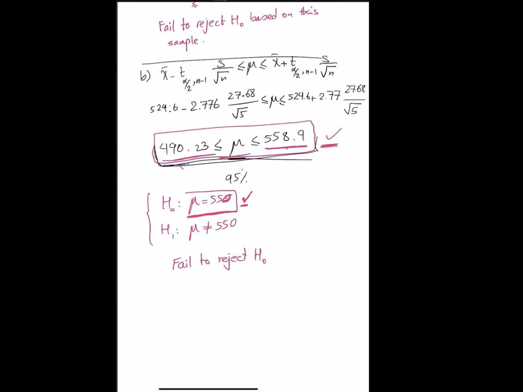So we fail to reject the hypothesis that mu is 550.